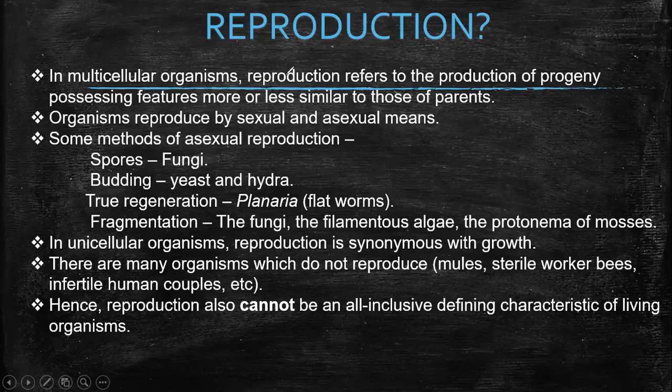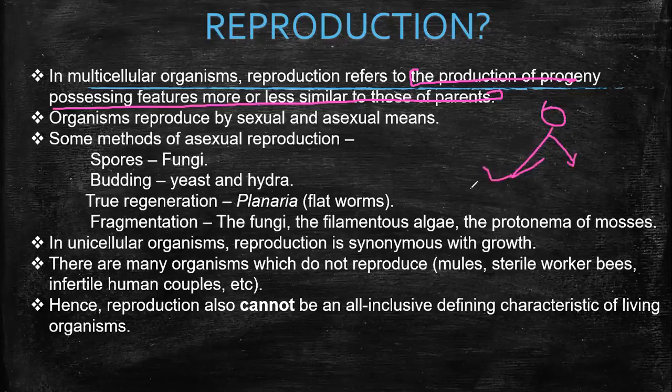So it is a very basic characteristic of living organisms. So reproduction can be seen like this: one cell divides into two. This can be said to be cell division. Cell division is a kind of reproduction.